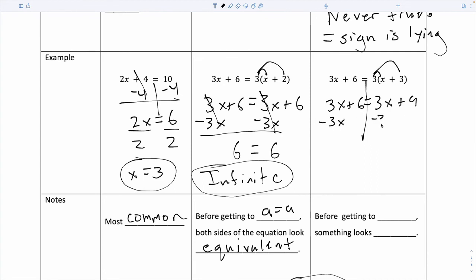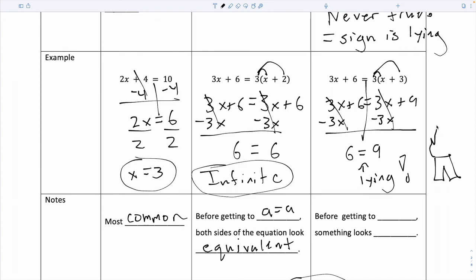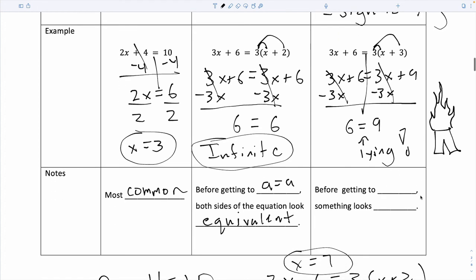You can do either way. What do you notice, Oshu? This is no solution. They do not equal each other. 6 cannot equal the 9. Liar, liar, pants on fire. That equal sign is lying. You lying equal sign. Thank you. The pants are on fire.